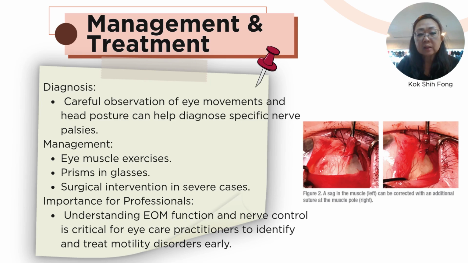In cases that are caused by systemic diseases like diabetes or tumors, addressing the underlying cause is essential. Understanding the extraocular eye muscle functions and the nerve control is critical for eye care practitioners to identify and treat motility disorders early.